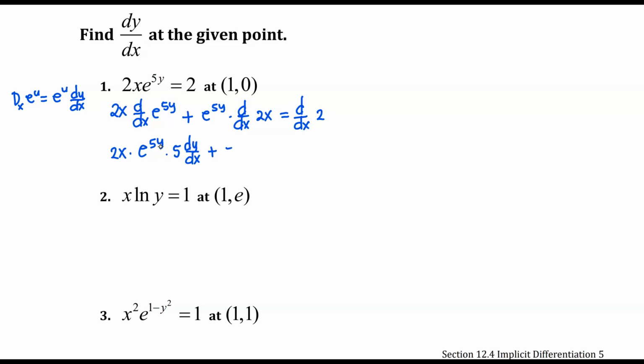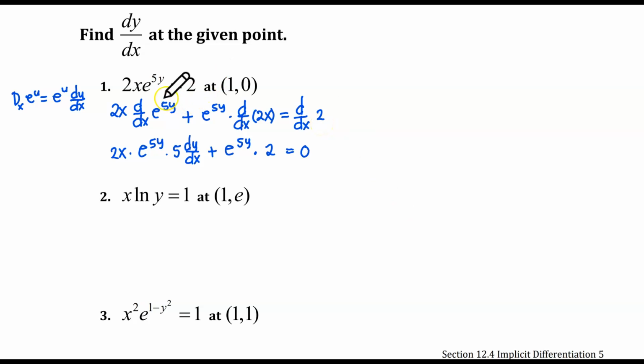Plus e to the 5y times, and then you differentiate 2x. The derivative of 2x is 2. Equal to the derivative of 2, which is 0.